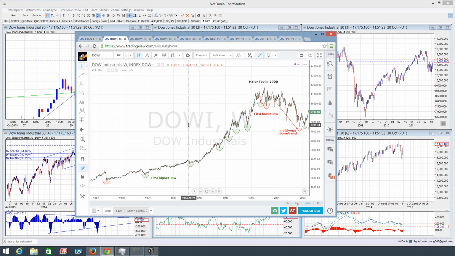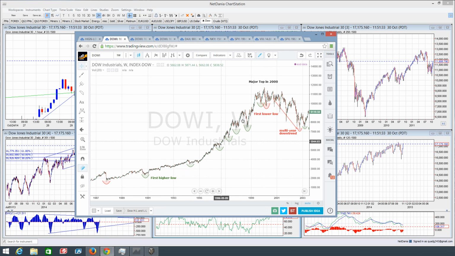This is the swing low indication. Back just before the major top in 2000, after the crash in 1987, a 25% drop, from that swing low we started seeing a recovery, starting with the first higher low here. We continued to see a string of higher highs and higher lows well into the 2000 top.